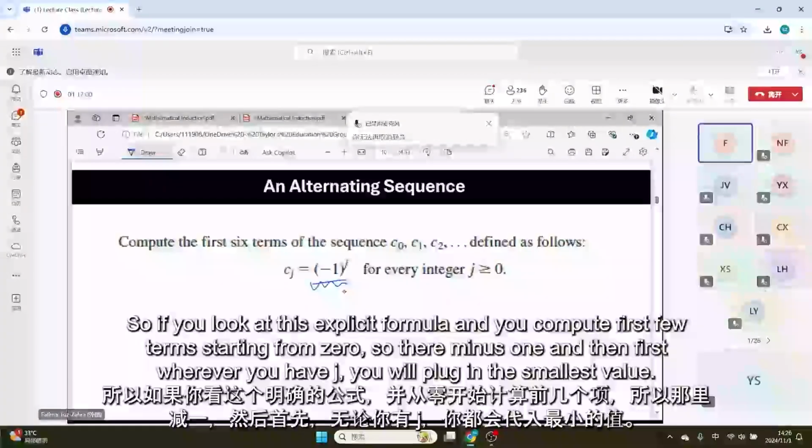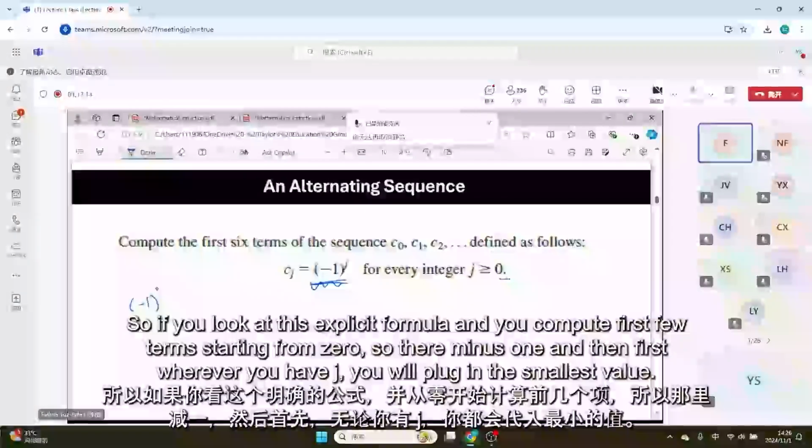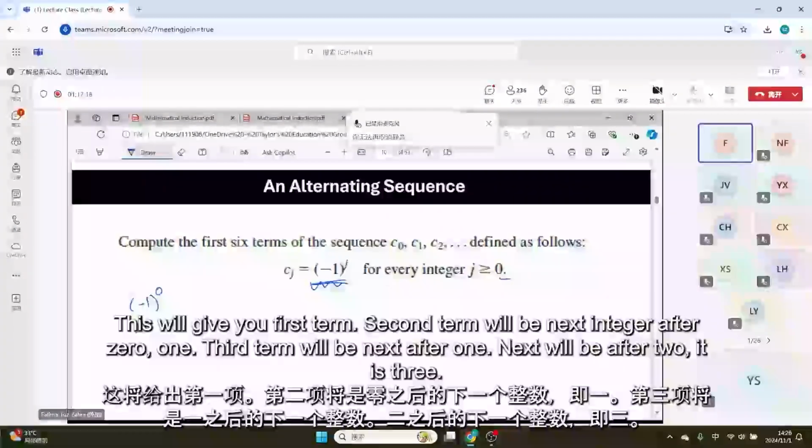It's not the same. So if you look at this explicit formula and you compute first few terms starting from 0, so there is -1, and wherever you have j, you will plug in the smallest value. This will give you first term.